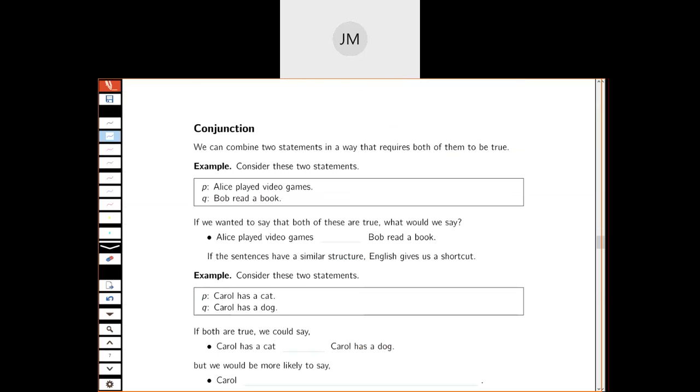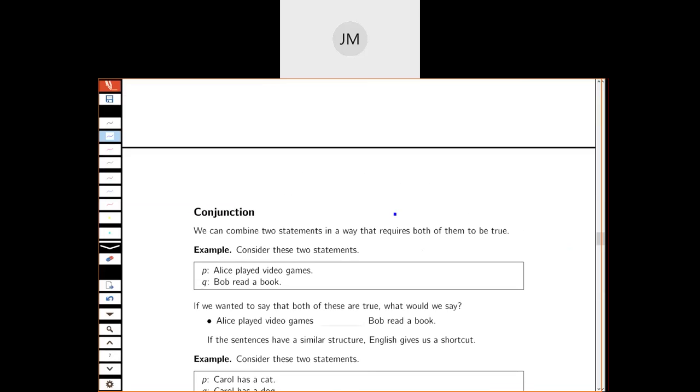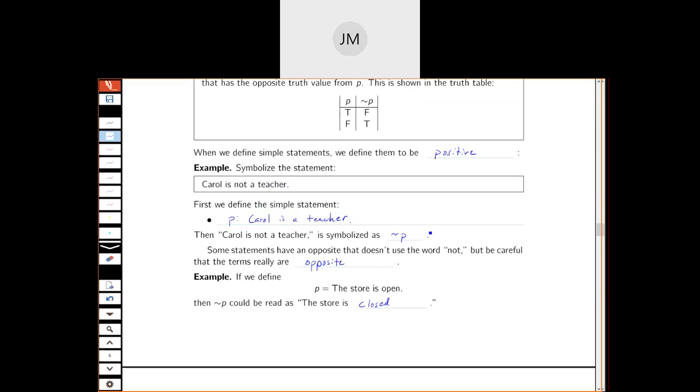All right. So now let's talk about a way that we can connect statements together. This is called a conjunction. A conjunction is a way to combine 2 statements. So negation is just the opposite, yes. Now we have to be careful. Negation is always the opposite. So we don't need to know whether a statement is true or false to know whether or not something is the negation.